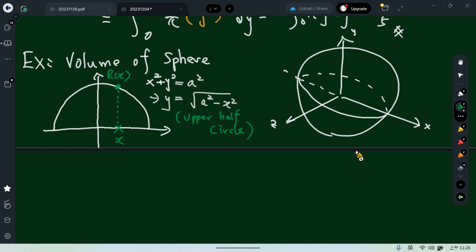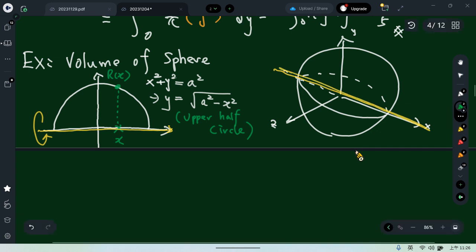Radius means the height, right? The height. And then we use this to rotate about the x-axis. Then if we do that, this is x, and we can get the disk here.